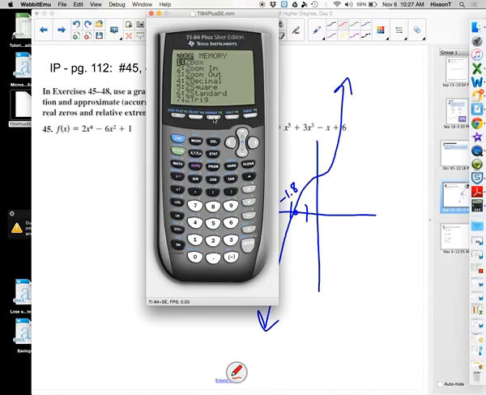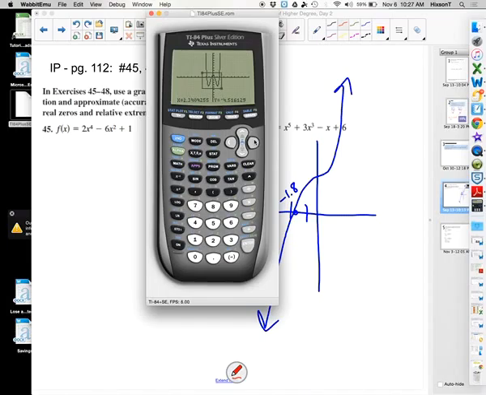So zoom box, I'm going to hit enter on that, and then what it has me do is I can move the cursor around, and I'm going to go up kind of to the top left to make sure I include everything. I'll hit enter, and now if I move the cursor over and down, it creates this box.